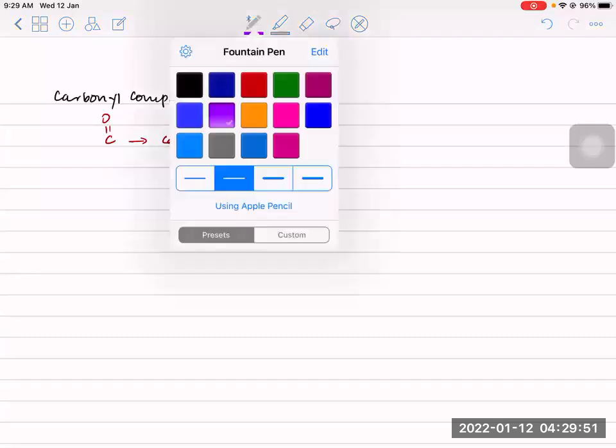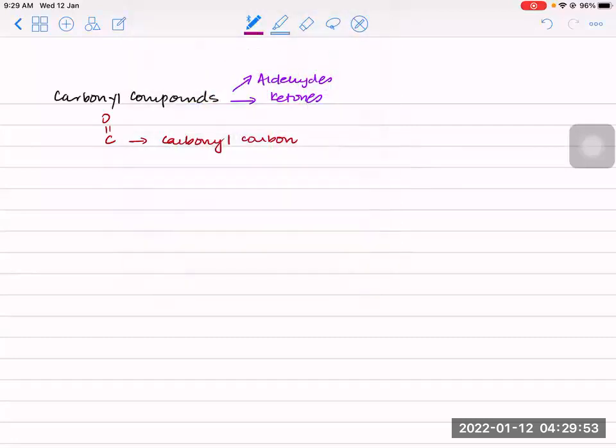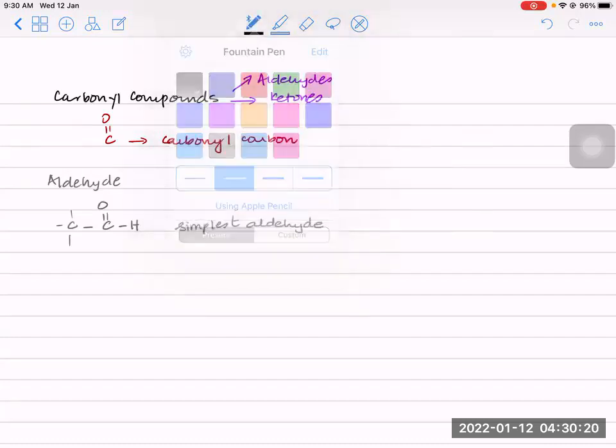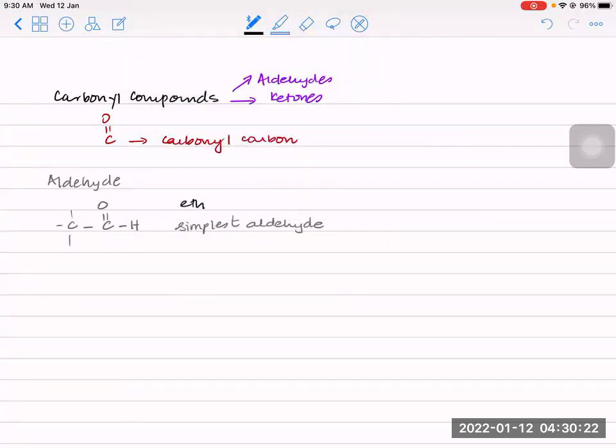So we have aldehydes. Let's see what aldehydes are. I told you how we identify them. Aldehydes will have a carbonyl carbon with hydrogen on one side and a carbon on the other. This is the simplest aldehyde because you need a carbonyl carbon and a carbon on the other side. How will we name this? This will be called eth because you have two carbons.